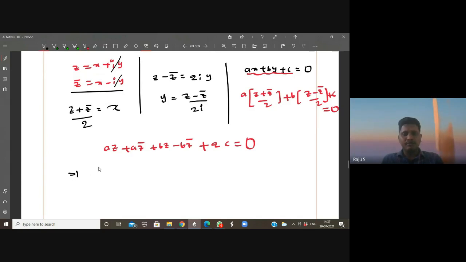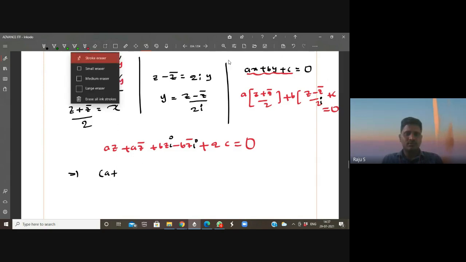Now see here, z you can take common. So a plus, sorry, here into iota. Am I right? What is y value? By 2 iota. So whenever I take 1 by iota here, what is 1 by iota value?